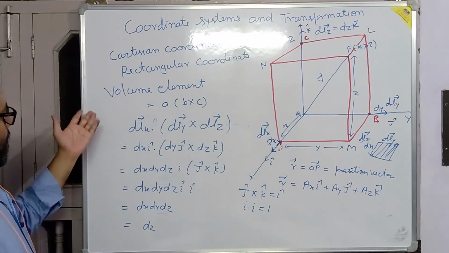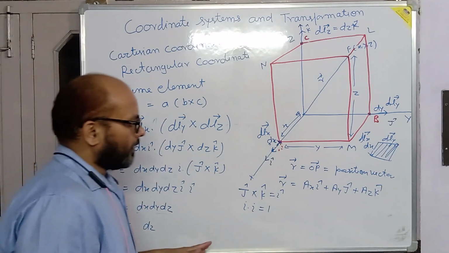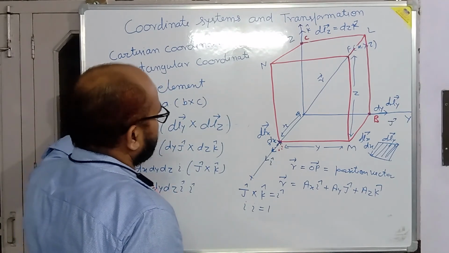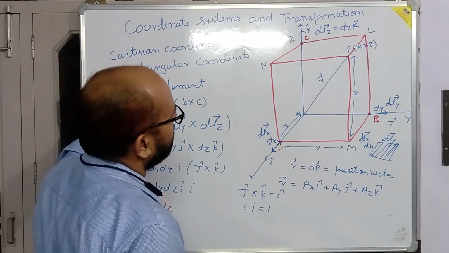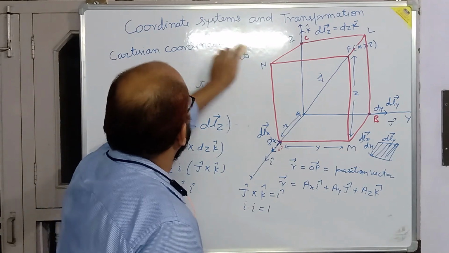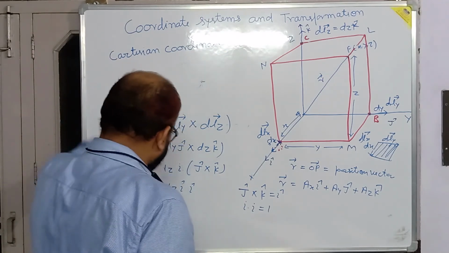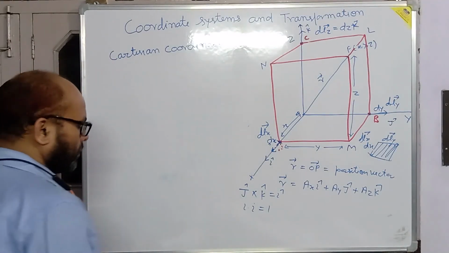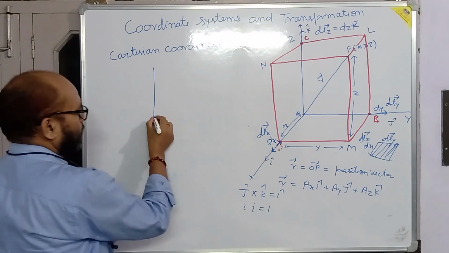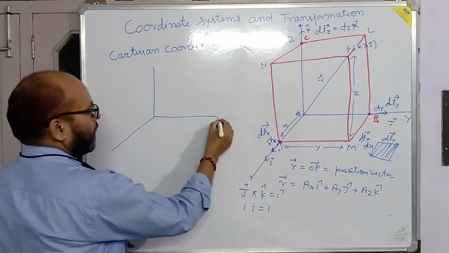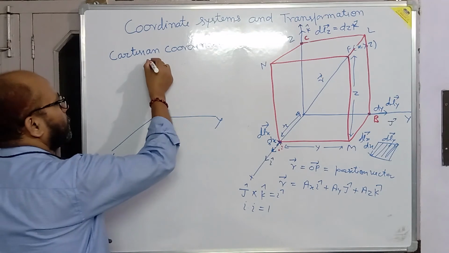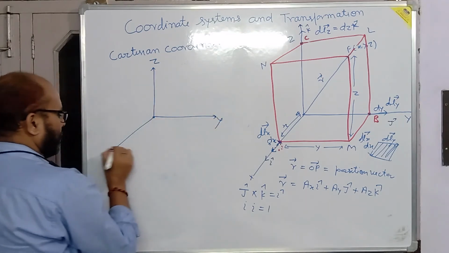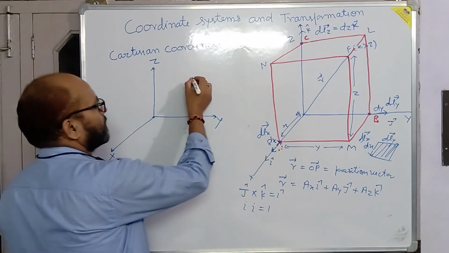In the same way, that is the area element, volume element and line element. One thing: we can transfer between several coordinate systems. Suppose three mutually perpendicular axes x, y, z, and here P is the point.